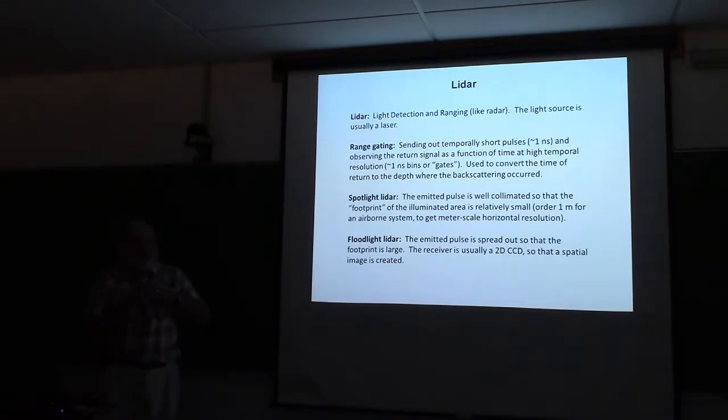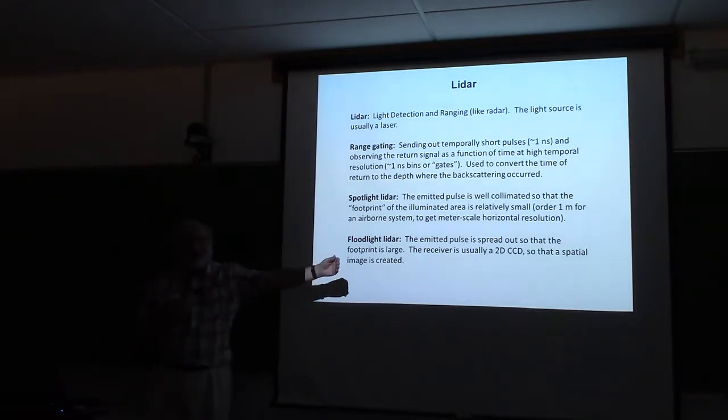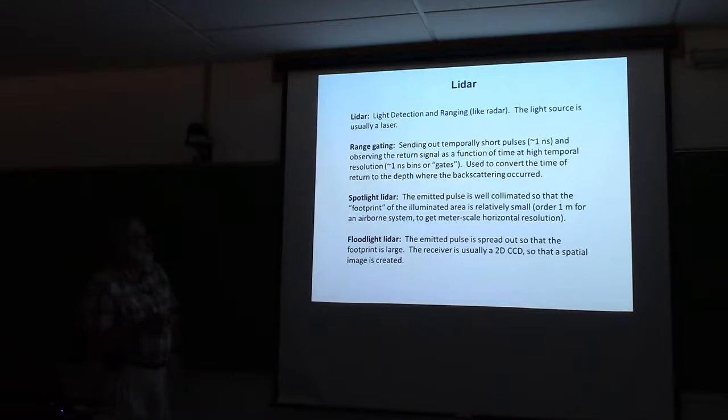And so by sending out a short pulse and, sometime later, getting a little pulse back, I can figure out how far the light went before it reflected off of something and came back. So that's the whole business of range gating, which is the key to converting, for example, the time of return to the depth of, say, a backscattering layer in the water.